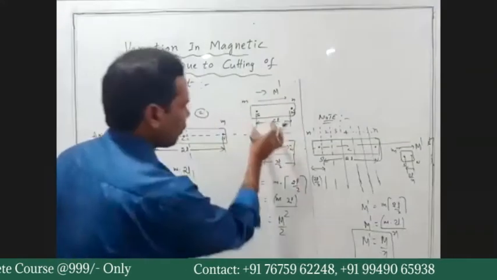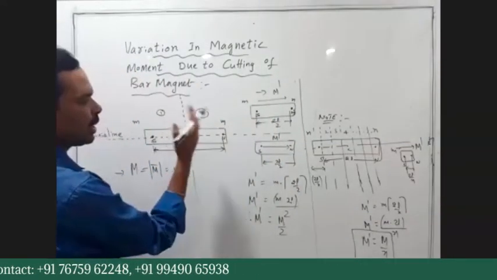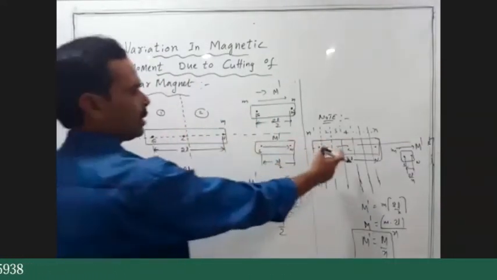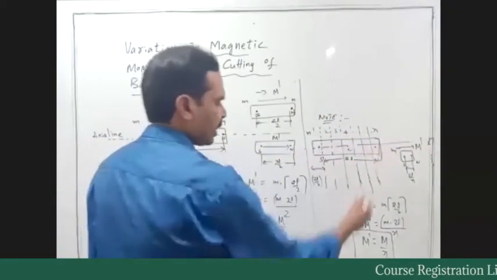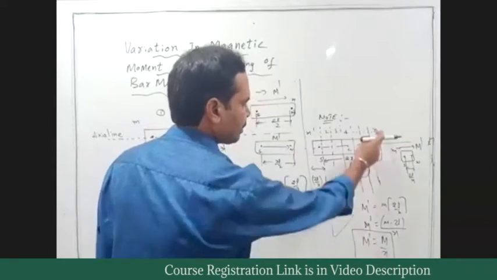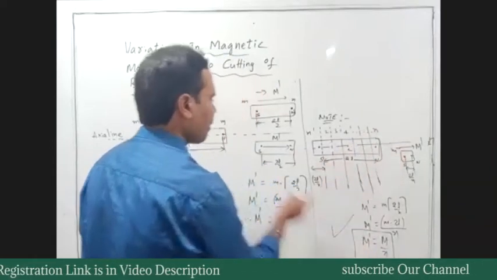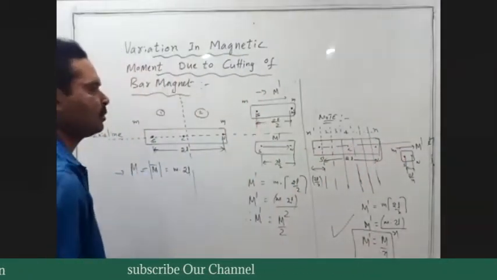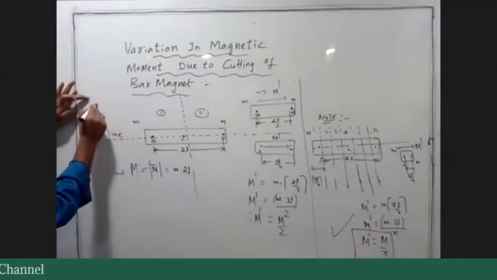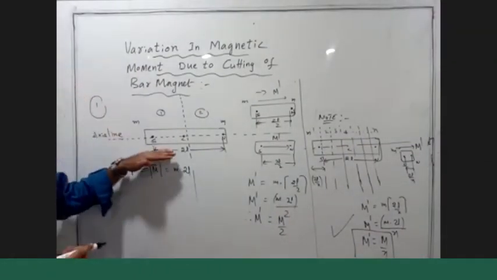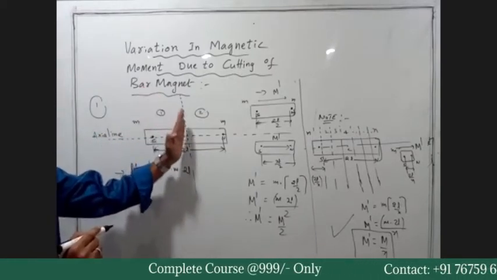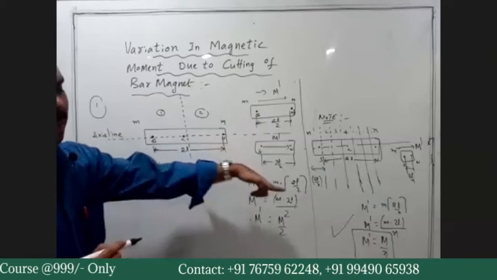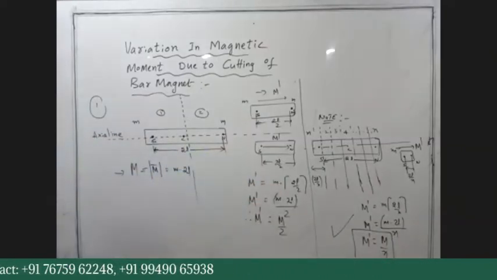In the first case I cut into two equal parts. In the next case I consider x equal parts. When I cut into x equal parts, each part has magnetic moment m by x. Similarly for two parts. Clear? This is case 1. In case 1, we are cutting the magnet in the perpendicular direction to the axial line.